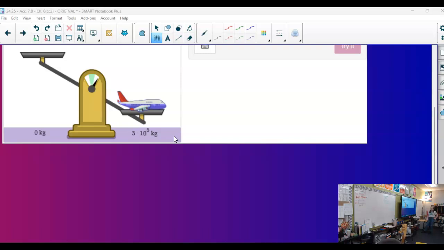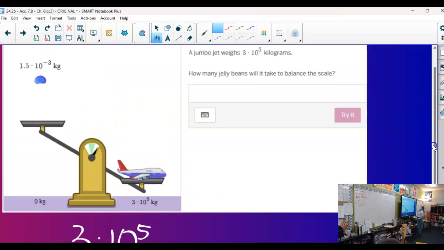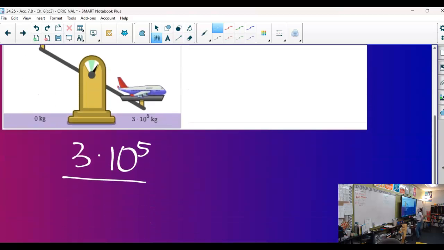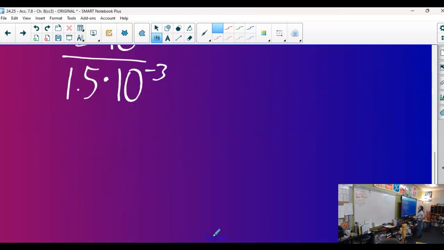So let's write down the jet mass: 3 times 10 to the 5th. If you typed in that 4 million answer on the Jumbo Jet slide, that is wrong. Please write this down so we have this math on our paper to look back at.